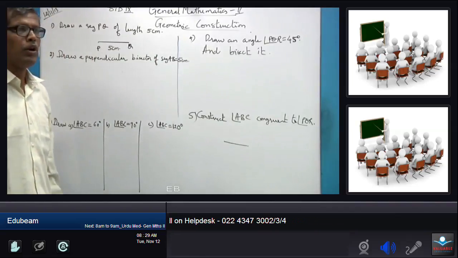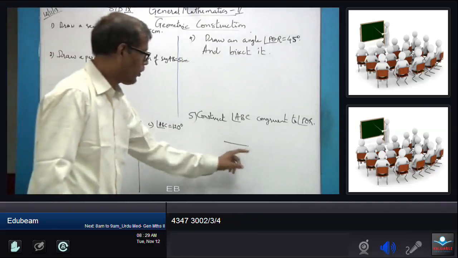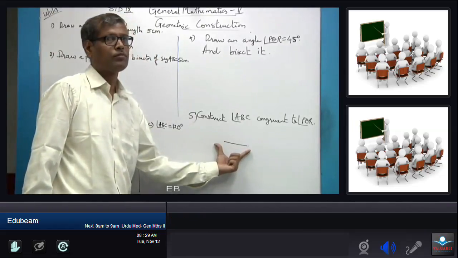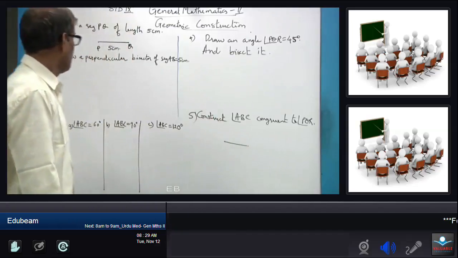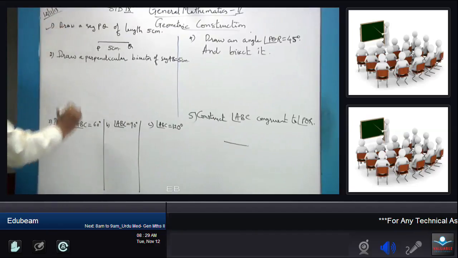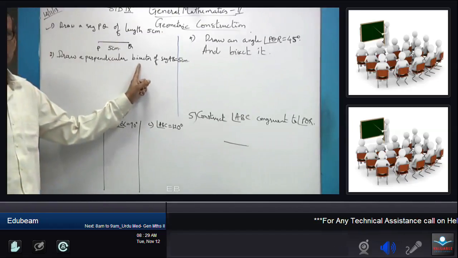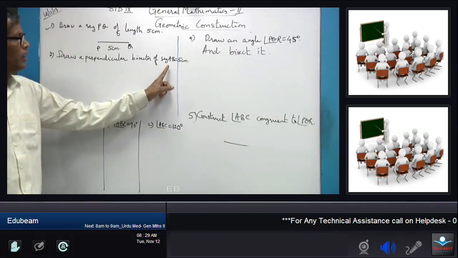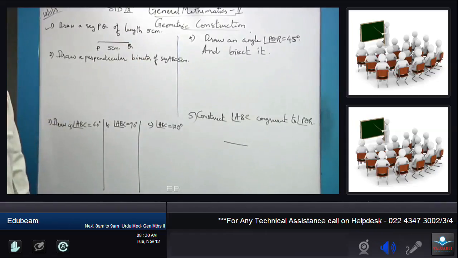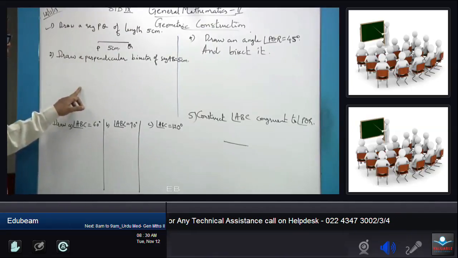You cut it. Now once you have these two arcs, see the center of it. Put a dot wherever required with the compass and join this. And this will be your perpendicular as well as bisector.